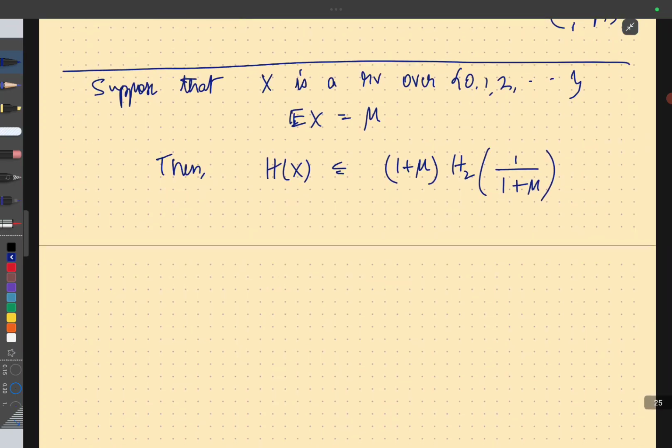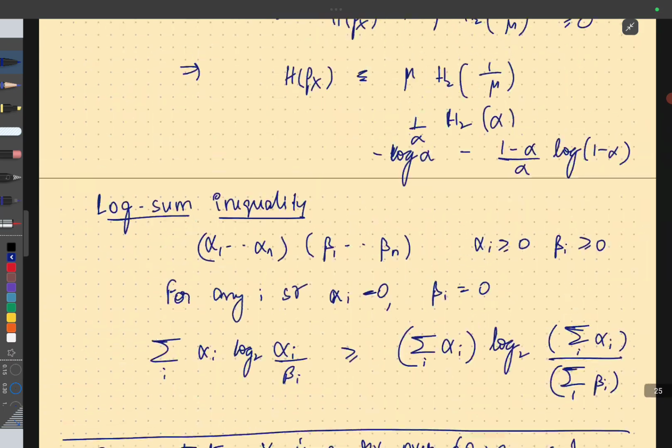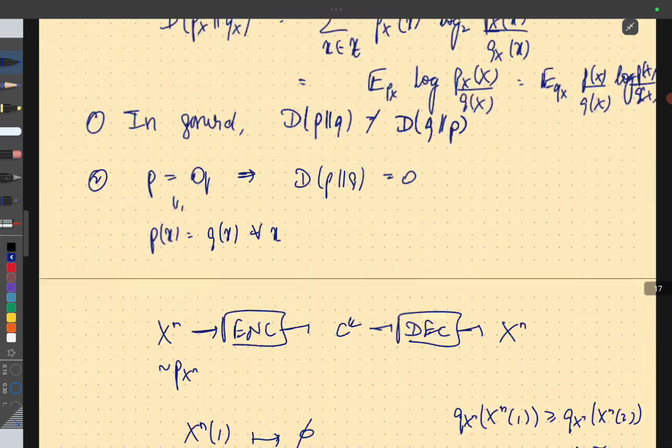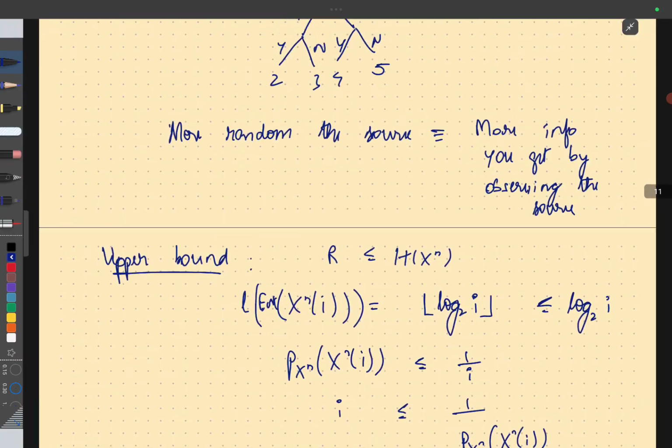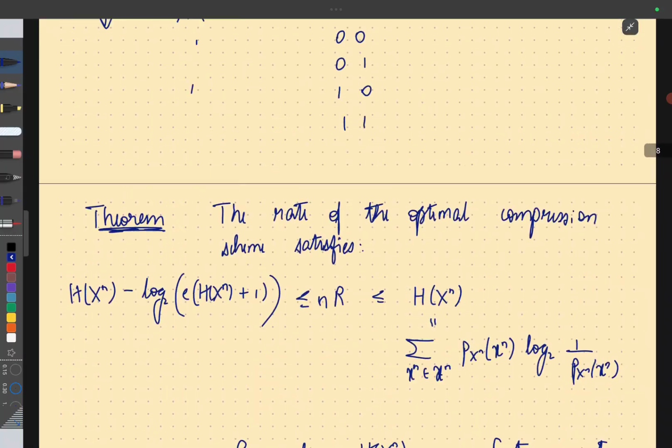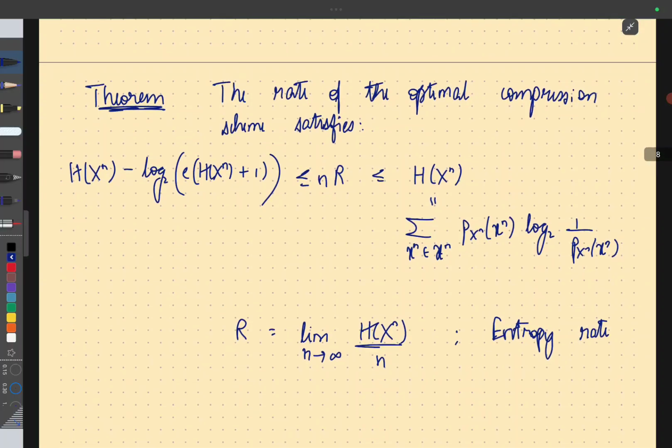If you recall, the optimal compression scheme was one where you sorted all of the sequences in decreasing order of probability and assigned code word sequences of increasing length.